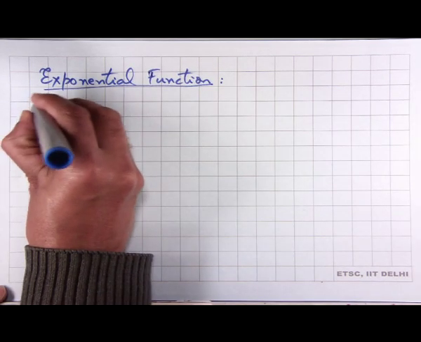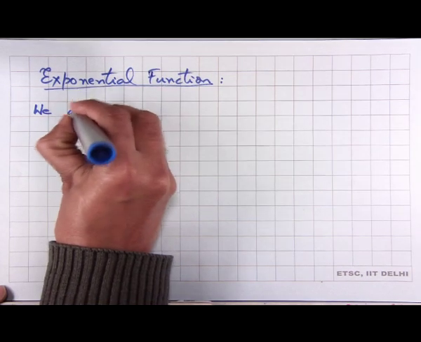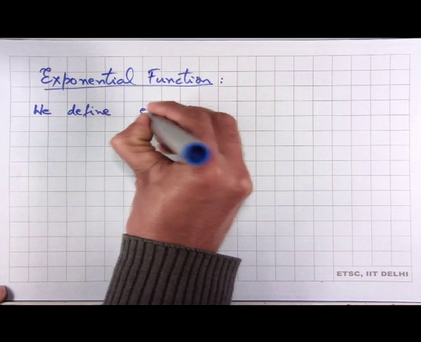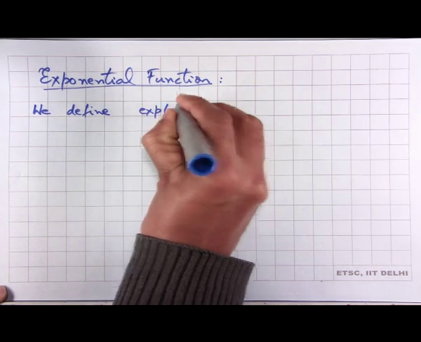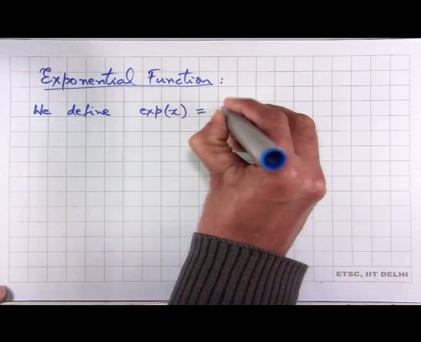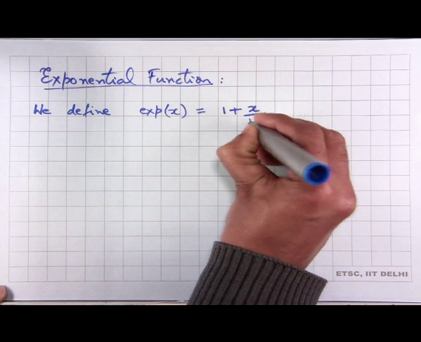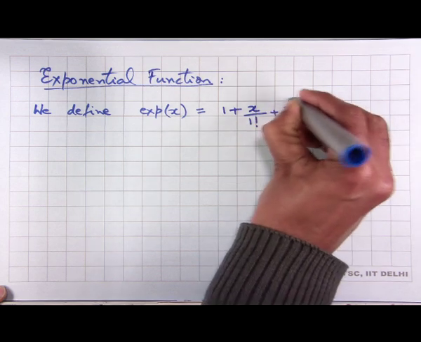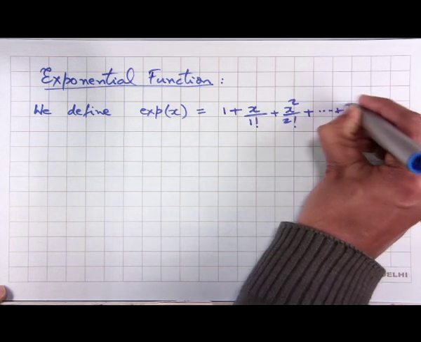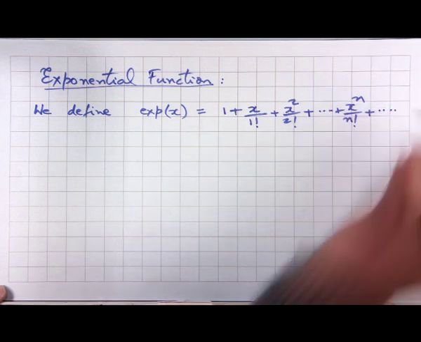So, we will define exp(x) equal to 1 plus x over 1 factorial plus x squared over 2 factorial plus and so on, up to x to the n over n factorial, up to infinity.